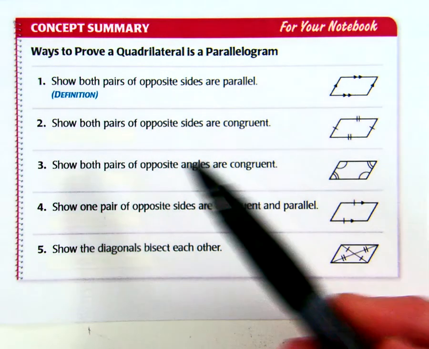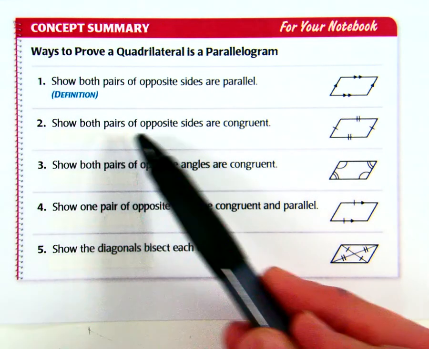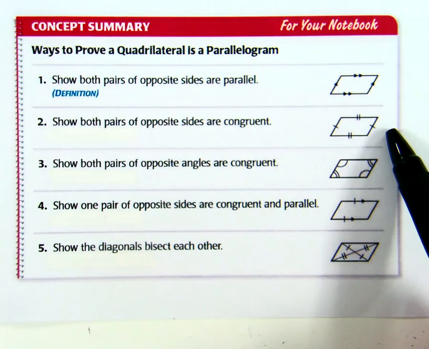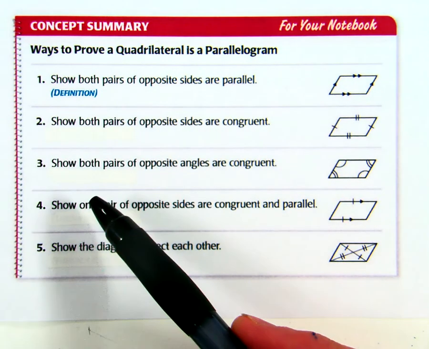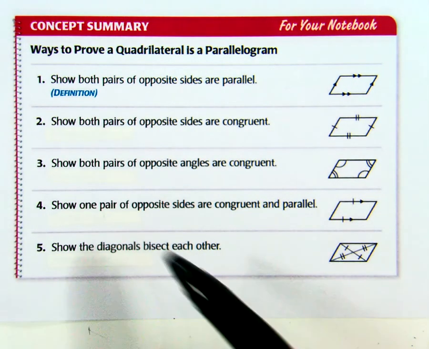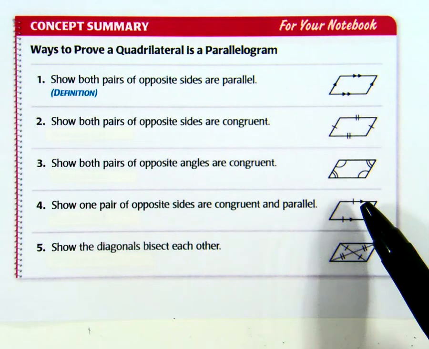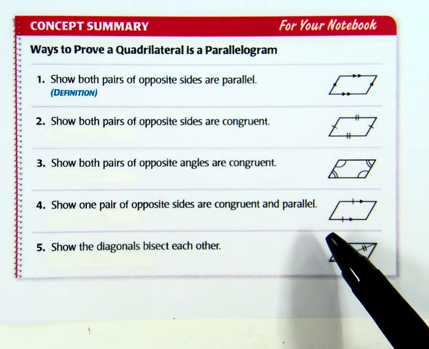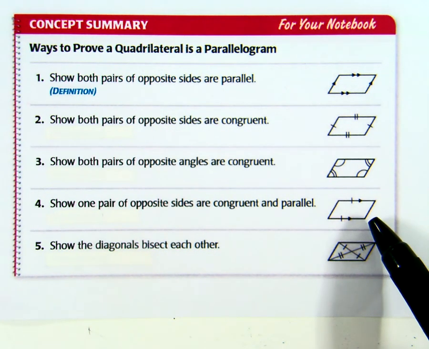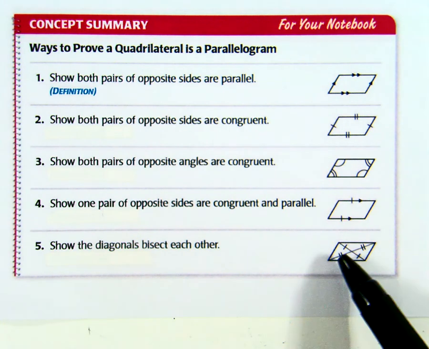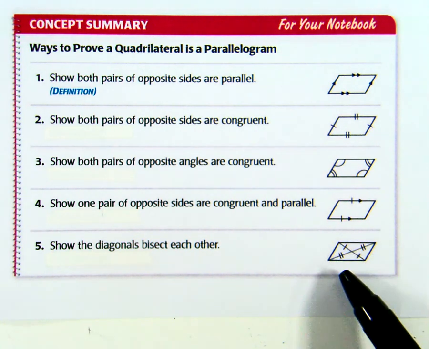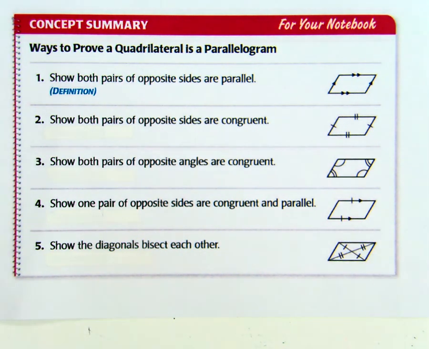You can know it's a parallelogram if both pairs of opposite sides are congruent, or if both pairs of opposite angles are congruent. If you have one pair of opposite sides that are both congruent and parallel, that's good enough to get it to be a parallelogram. Or if the diagonals bisect each other, that'll get it to be a parallelogram.